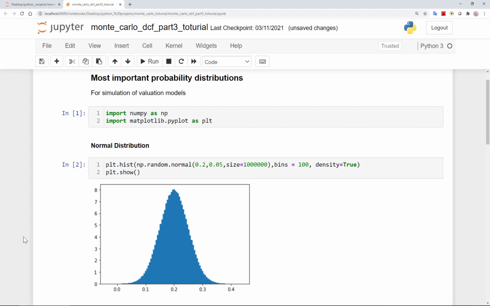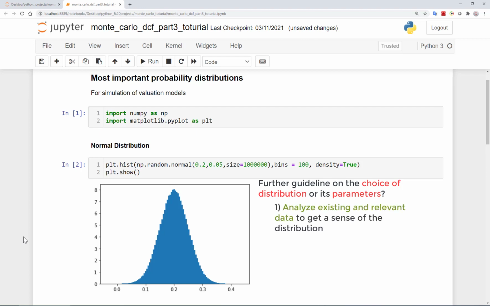So you may ask whether there are further guidelines that help to decide about the choice or parameters of distributions for an input variable. One way to decide about the distribution is to look at the historical values for that variable.